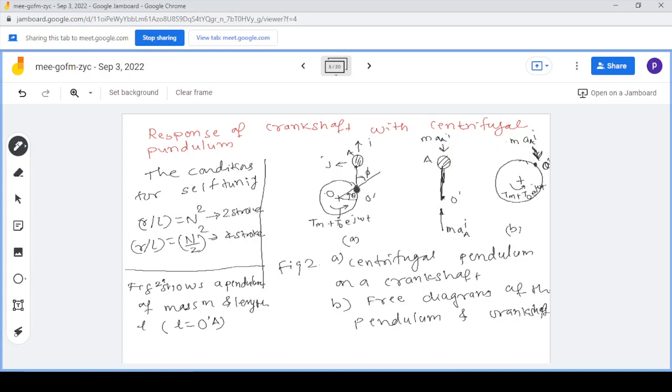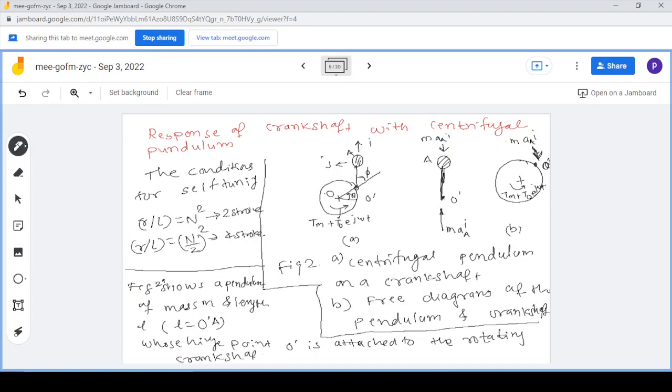For this pendulum, the hinge point O dash is attached to the rotating crankshaft at a radius r.